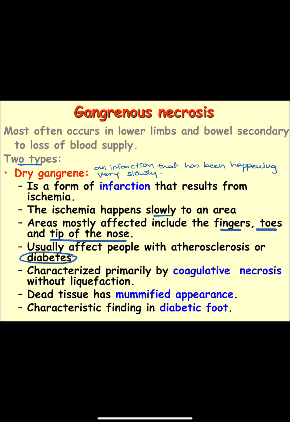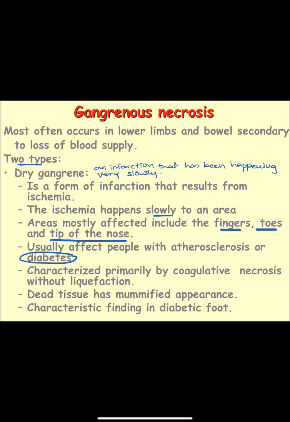As a result, infection will set in pretty soon, and you will see the appearance of wet gangrene. The wetness comes from the fact that you have an infectious process going on at the same time as the ischemic process that resulted in the infectious process to start with.